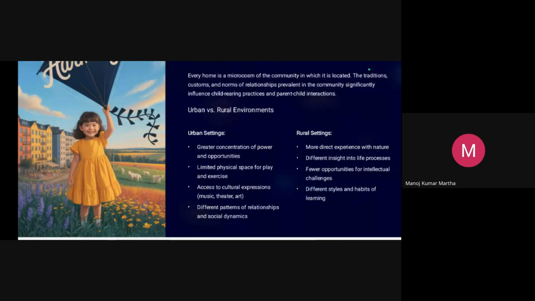Talking about the urban setting, students find better opportunities, and they have limited physical space for play and exercise, and access to cultural expression, maybe music, theater, art, and they may have different patterns of relationship and social dynamics. So these things affect their growth, development and learning process.